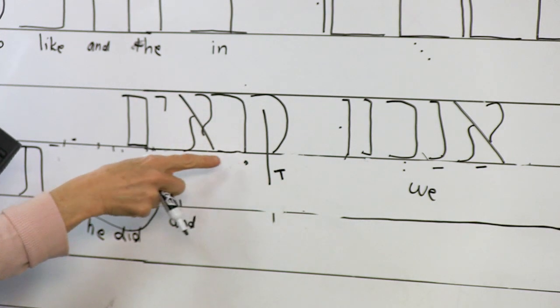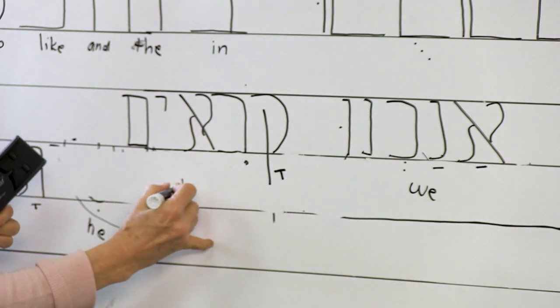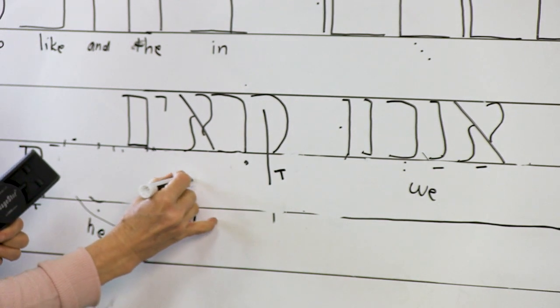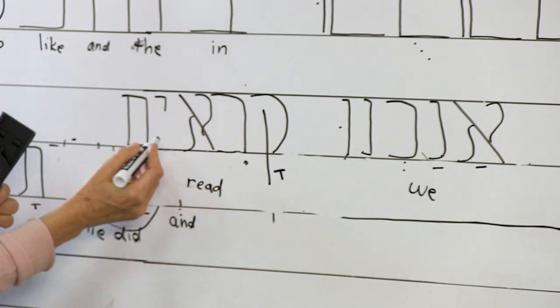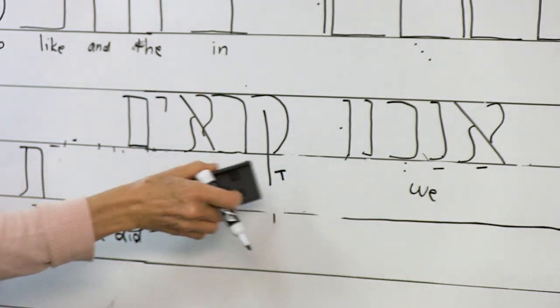I'm pretty sure it's by the resh. Korim. Anachnu korim. We read. And the yud mem is a suffix which makes it plural. I didn't teach you that yet. Anachnu korim. We read.